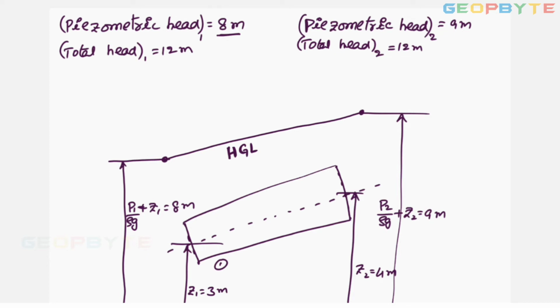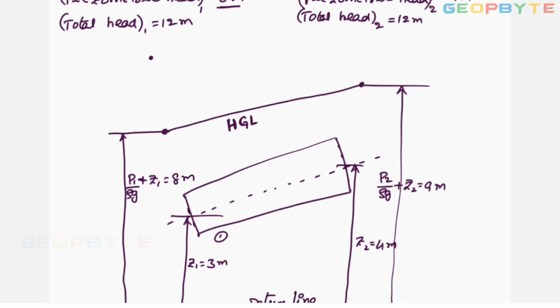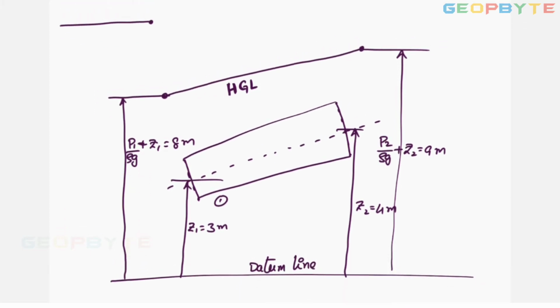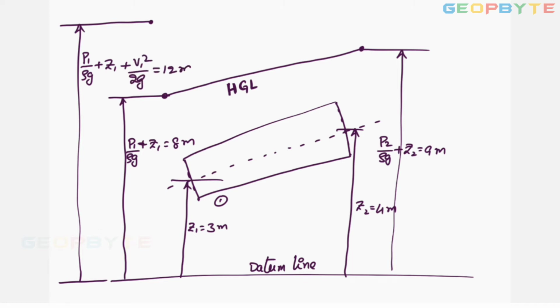Now try to mark a point at entrance corresponding to total head. This is the total head from the reference line. This total head equals P1 by rho g plus Z1 plus V1 square by 2g equal to 12 meters.